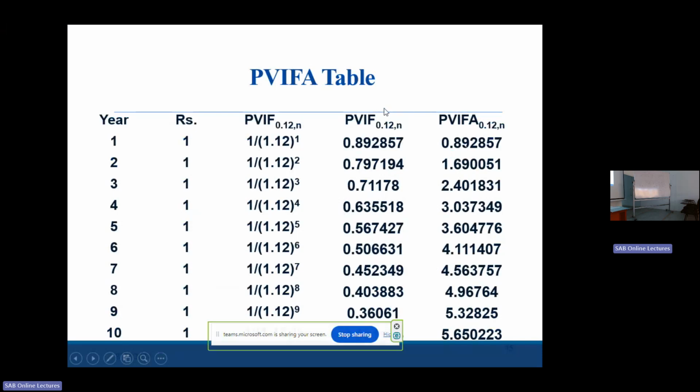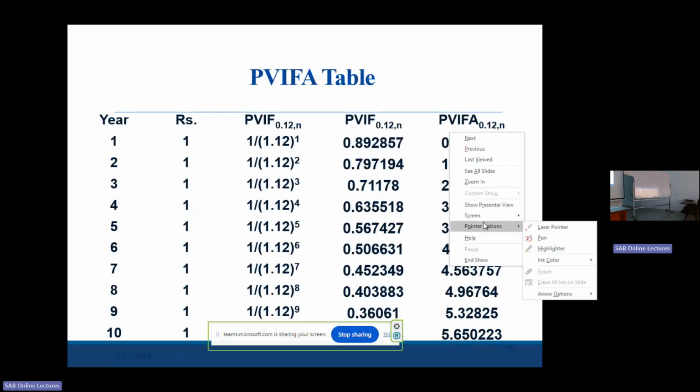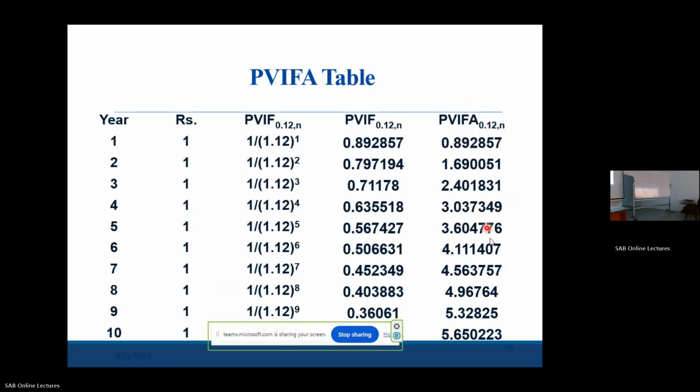The last two columns: this is the present value interest factor for single cash flow, and this is for the annuity. So you can see that relationship. Annuity factors you can construct by taking the cumulative total of these single factors. So if you look at this 5.32, this is the annuity factor at 12% for 9 years.